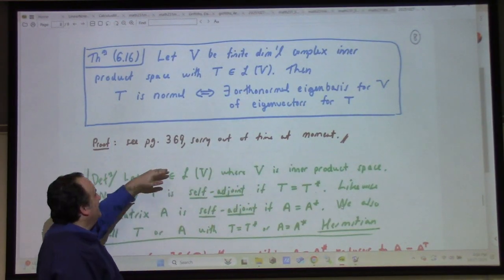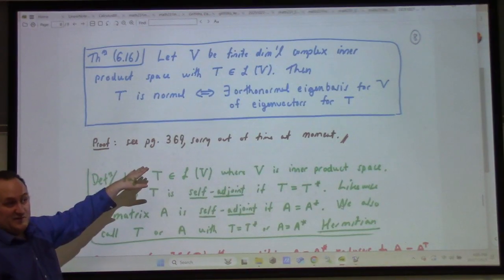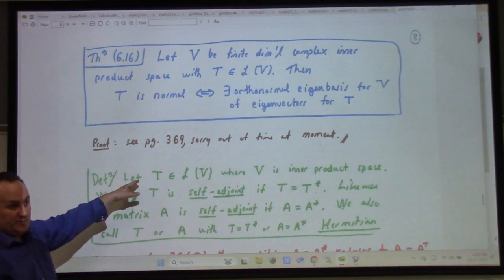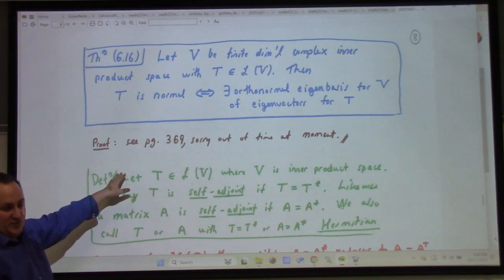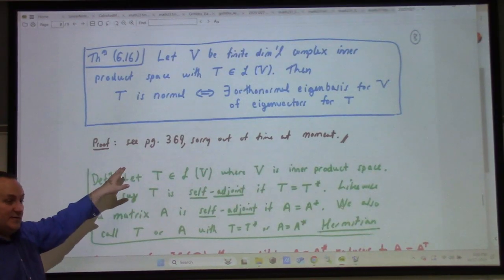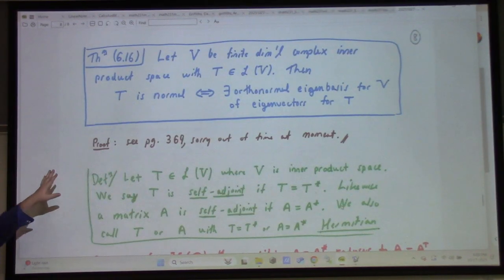And the forward direction is technical, and it uses Schur's theorem. It's not actually that easy. It would take me a half-hour class to prove this theorem. But to whom much is given, much is required. So I do not require of you the proof of this theorem. But I would like you to know it and be able to use it. Understanding the statement of the theorem is really what I'm more interested in here.